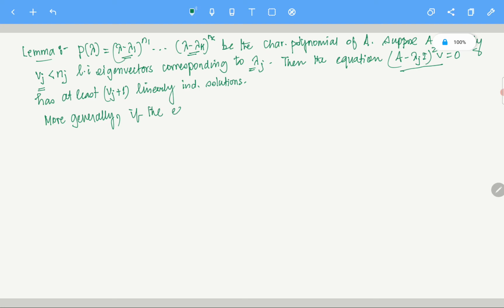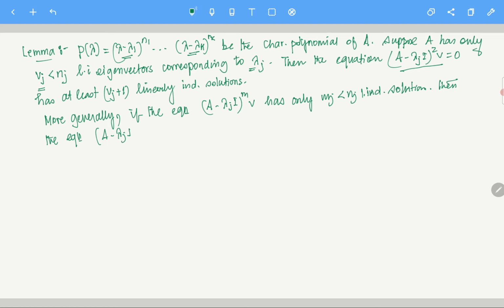So if the equation (A minus lambda j I) to the power m times v has only mj, which is less than nj, linearly independent solutions, then the equation (A minus lambda j I) to the power m plus 1 times v equals 0 has at least one more, that is, mj plus 1 linearly independent solutions. I hope this is clear.